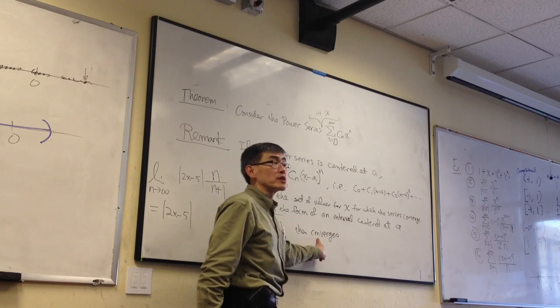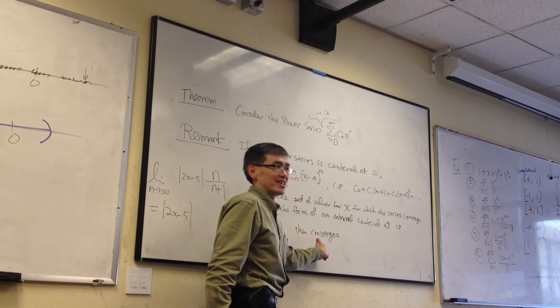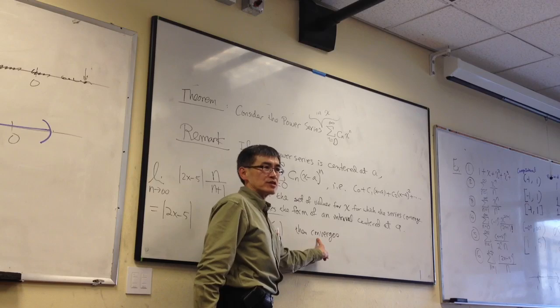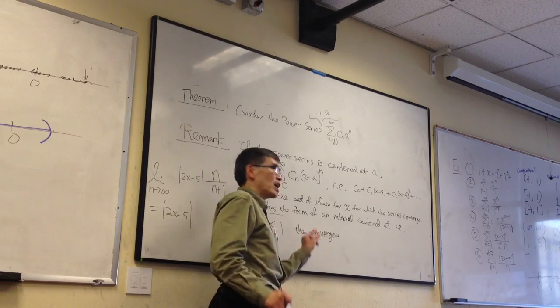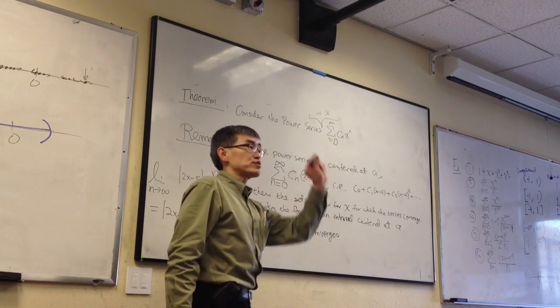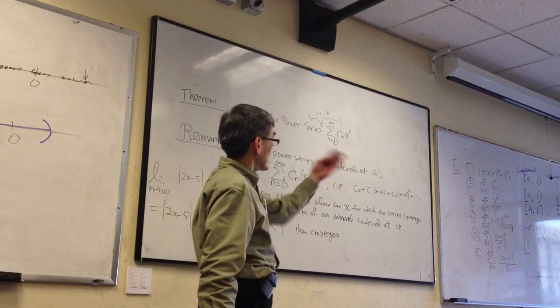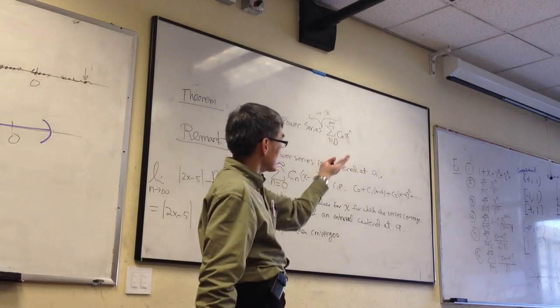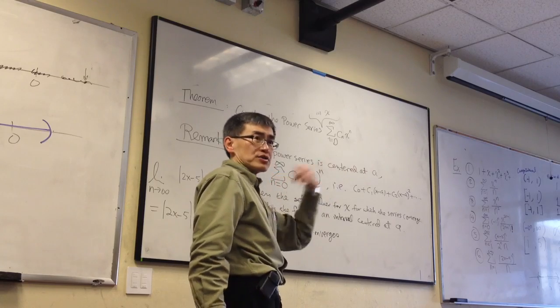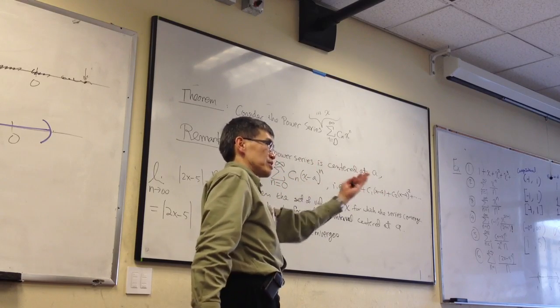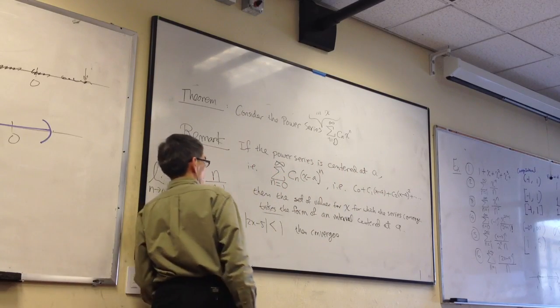Absolutely convergent, because I'm using the ratio test. Right? So if you use the ratio test, then if L is less than 1, it's actually absolutely convergent. And that's why, in all these examples, as a matter of fact, in all power series, as it turns out, it has to be convergent on the open interval part.